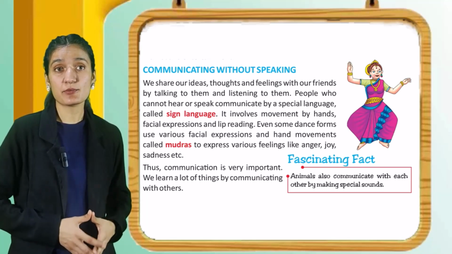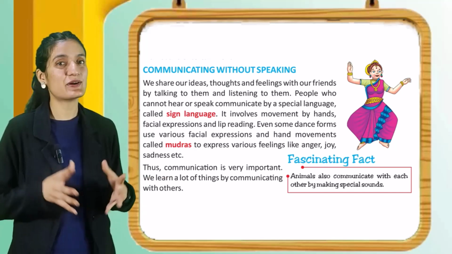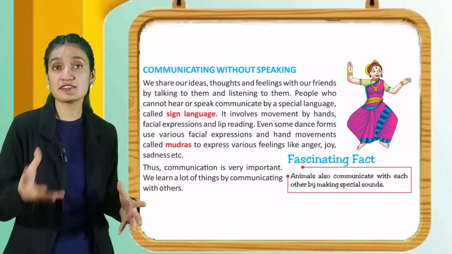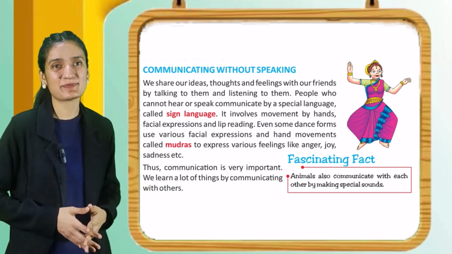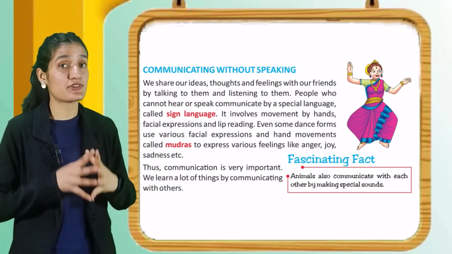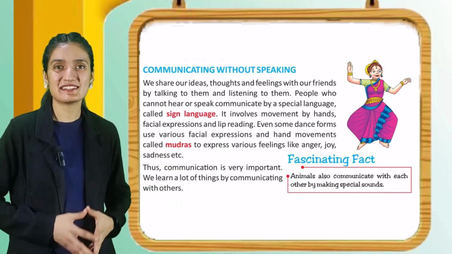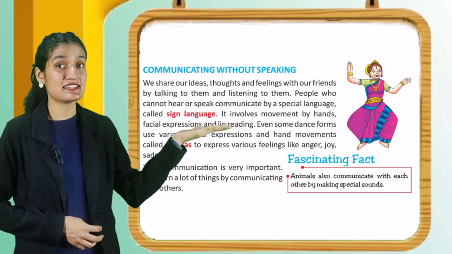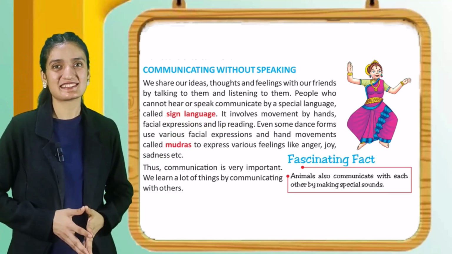Even some dance forms use various facial expressions and hand movements called mudras to express various feelings like anger, joy, sadness, etc. Thus, communication is very important. We learn a lot of things by communicating with others. Here you can see a lady communicating with the help of mudras.